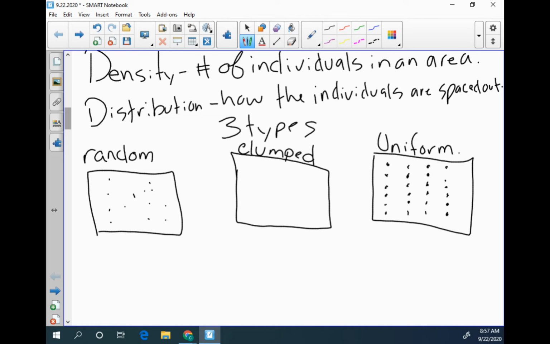So we've got random distribution where the individuals are scattered out wherever. We've got uniform distribution where everybody's lined up neatly and organized. And then we have clumped distribution, which is the most common, where the individuals exist in groups, and those groups are dispersed throughout an environment.